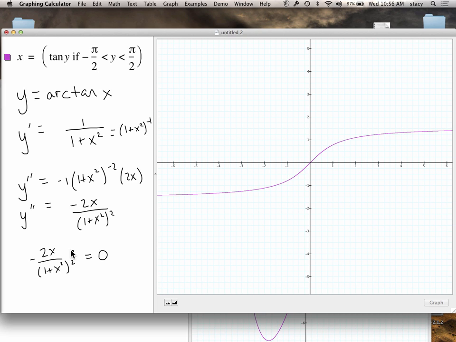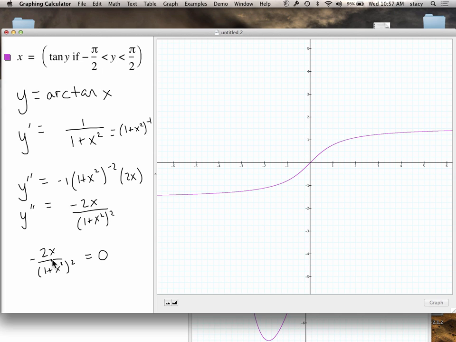Let me rephrase. If I have essentially a fraction equal to 0, what is the only way for that fraction to equal 0? If the denominator is 0? So if the denominator is 0, then I'm dividing by 0. That's bad.